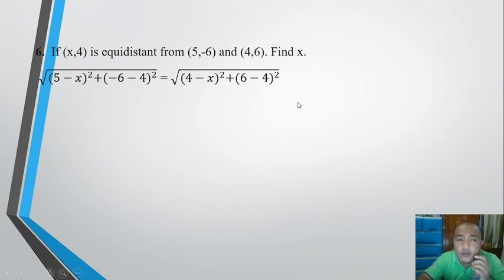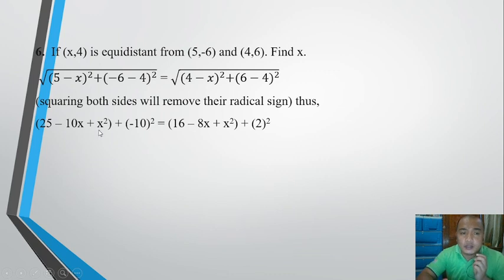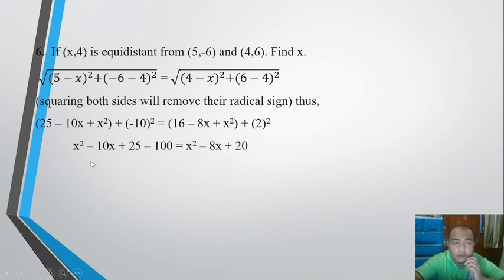Then, if you square both sides, this will remove the radical sign. Thus, 5 minus x quantity squared is 25 minus 10x plus x squared, plus negative 6 minus 4 is negative 10 squared, equals 4 minus x quantity squared, which is 16 minus 8x plus x squared, plus 6 minus 4 is 2 squared. Then, continue.